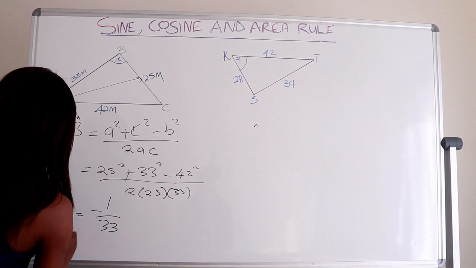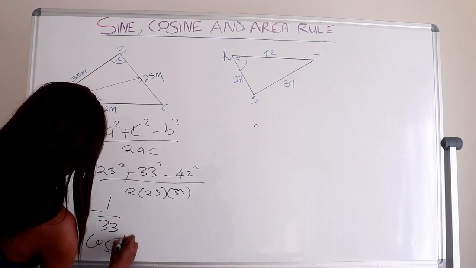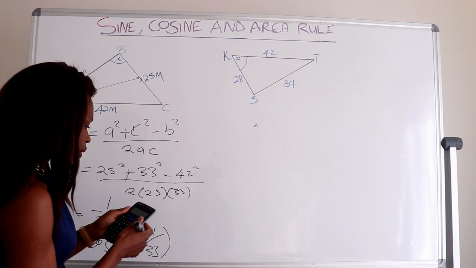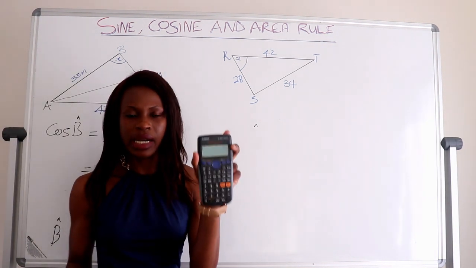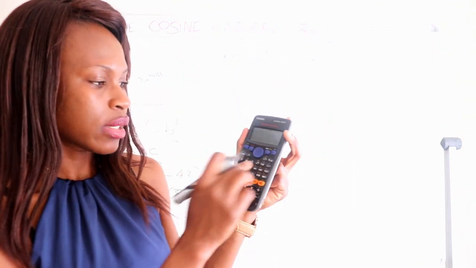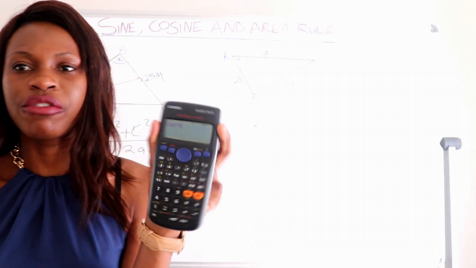And to find our angle of B, it will be the inverse cos of negative 1 over 33. Remember, if you are using a Casio calculator like this one, you press shift and then cos, and you have cos as if it has an exponent of negative 1.